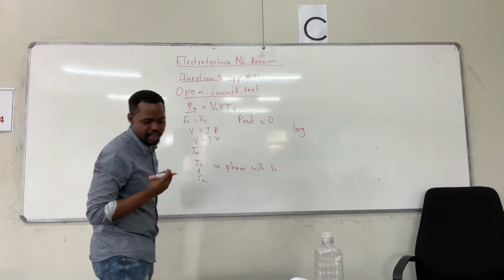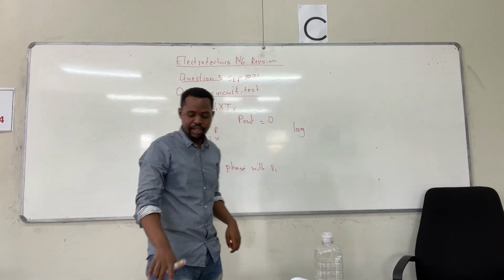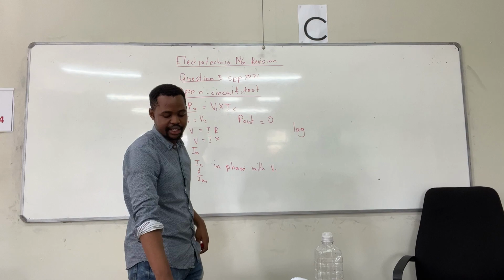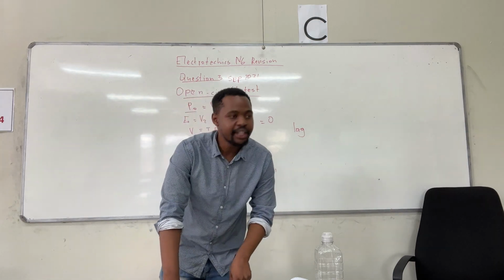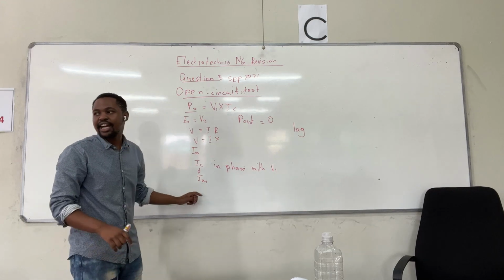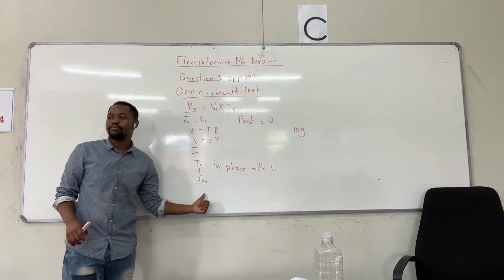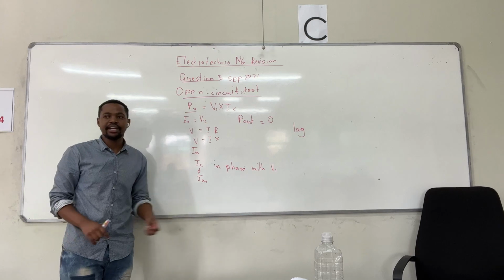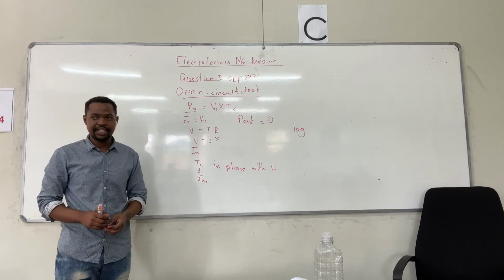Then out of phase with the supply voltage is the magnetizing current.